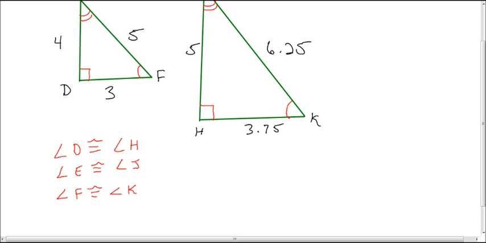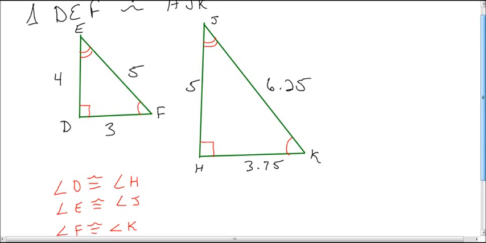Next thing we want to do is check and see if the corresponding sides are proportional. Okay, so that's the second thing. We want to make sure that the sides are proportional. I hope you guys are writing these notes down. So here we see side DE. Let me go back up so you can make sure you see that.